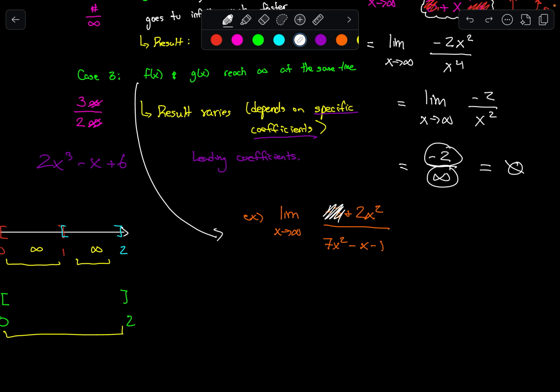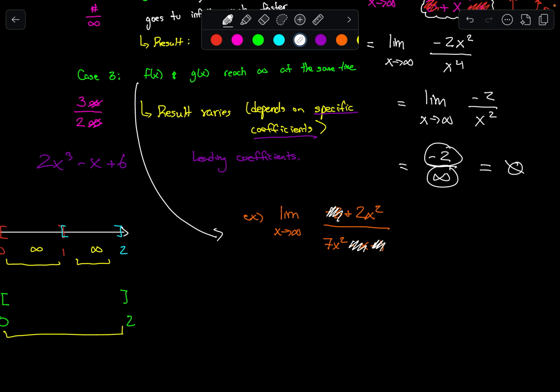I'm saying yes, because in the long run, whether or not I have it, this infinity squared is going to have way more weight than this little minus infinity here. So we can get rid of this minus 1 and this minus x because the bottom's end behavior is dictated by that 7x squared.